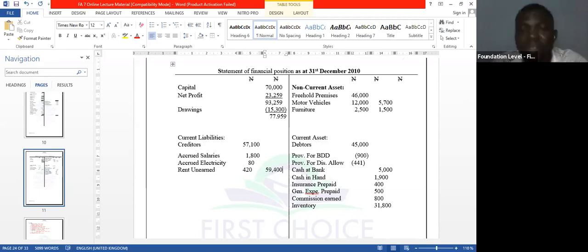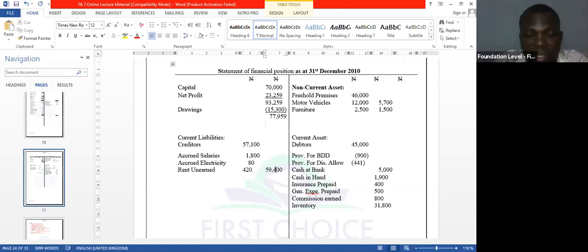The addition of this figure with the total figure that we have here gives us a total of 137,359. So we can close it.